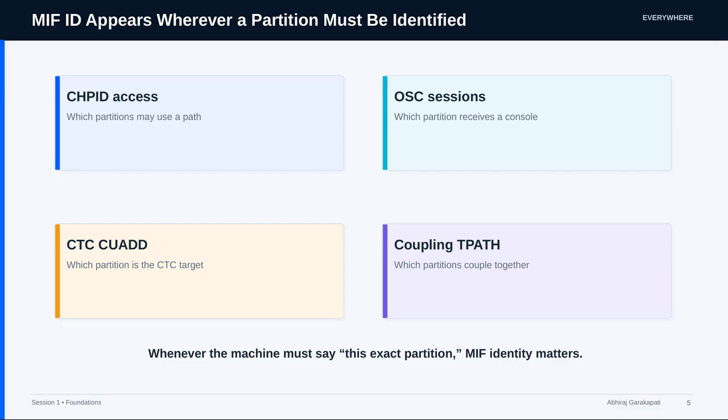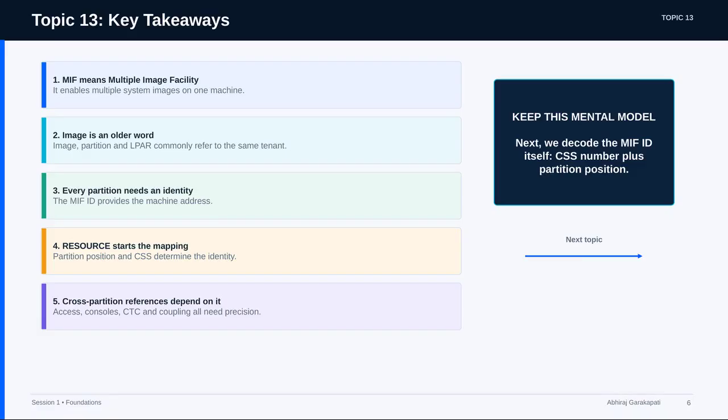Think of the MAF ID as a postal code combined with an apartment number. The name may be friendlier for people, but the numeric identity is what helps the system distinguish one partition from another without ambiguity. If LPAR is the apartment, MAF is the capability that lets the building contain many apartments, and the MAF ID is the apartment's precise address.